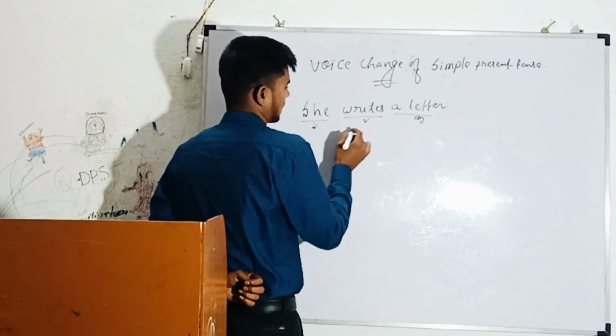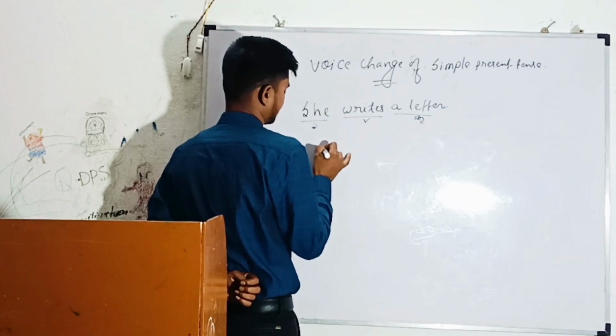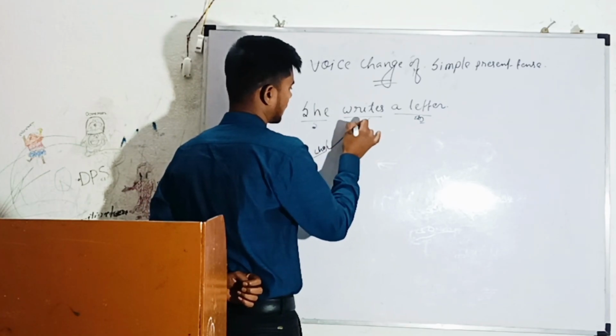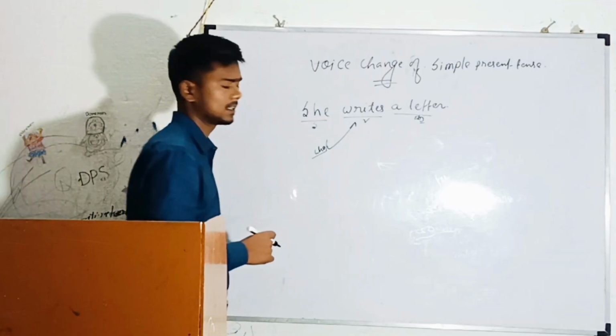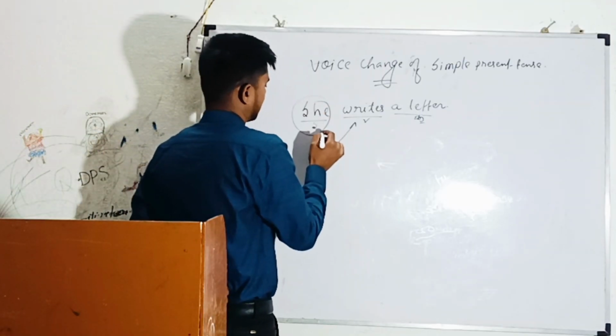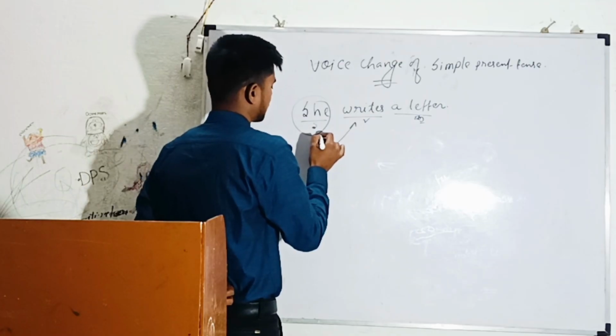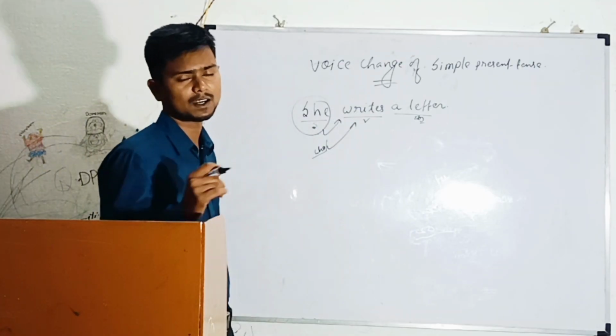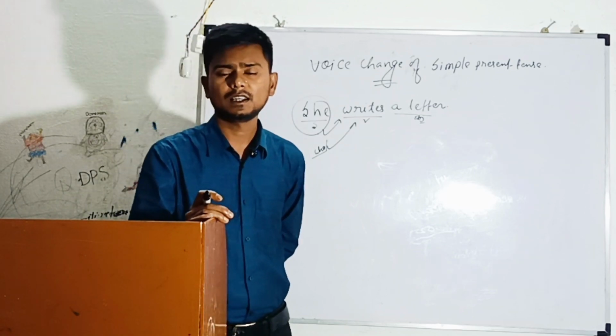She writes a letter. Who writes? Just ask a question using who to the verb, and the answer is she writes. It is also understood that she can write something, and that is why it is active.